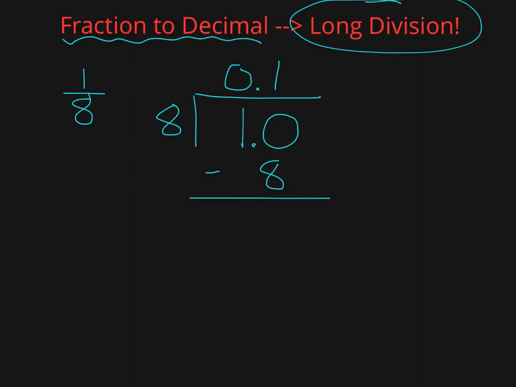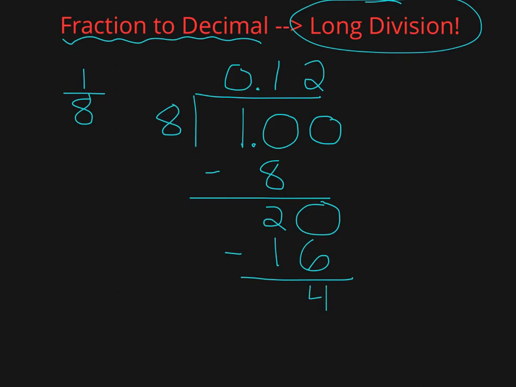Subtract, 10 minus 8 is 2. How many times does 8 go into 2? Doesn't go in. So I add a 0 here, bring that 0 down. How many times does 8 go into 20? It goes in twice, and 2 times 8 is 16. Subtract, 20 minus 16 is 4.